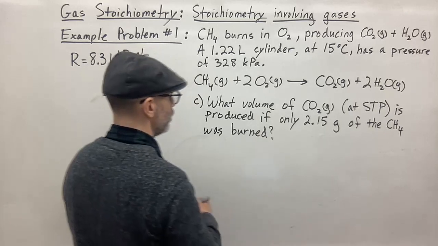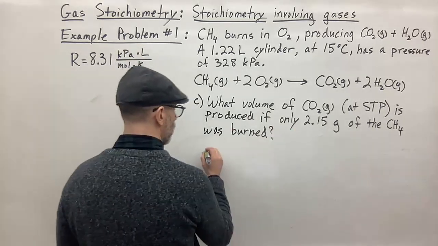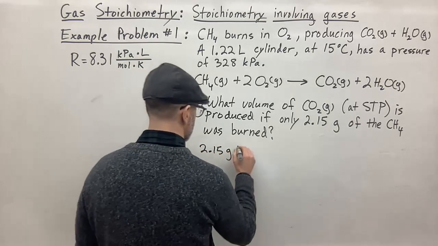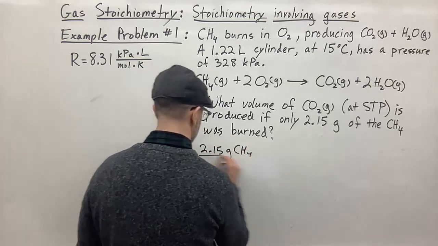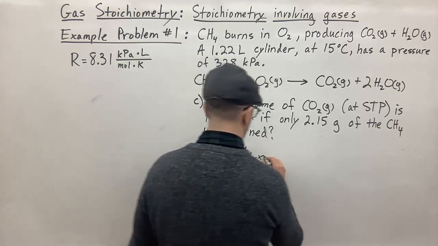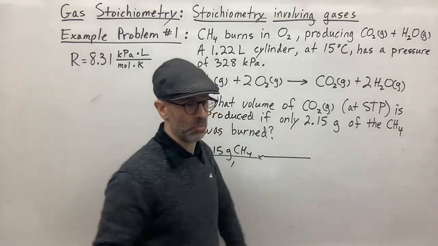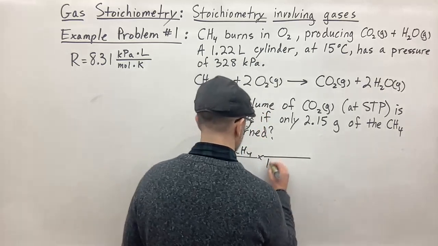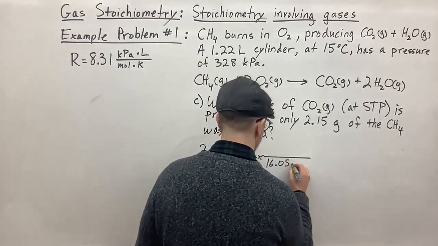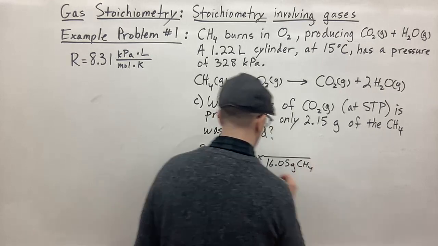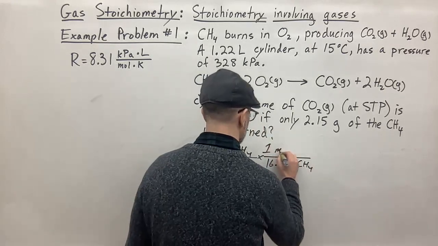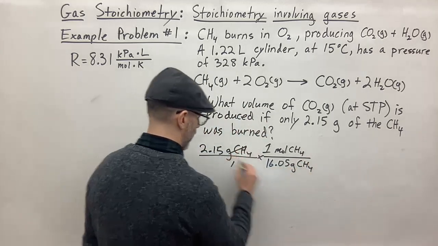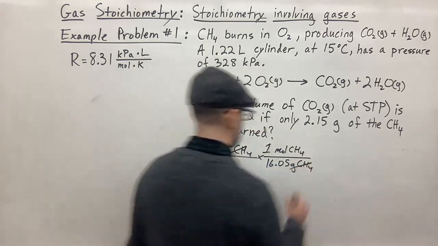So the first thing I want to do is take 2.15 grams of the CH4, and I'm going to use the molar mass of CH4 to convert to moles. And so that's 16.05 grams of CH4 on the bottom, 1 mole of CH4 on top. So grams of CH4 cancel out.